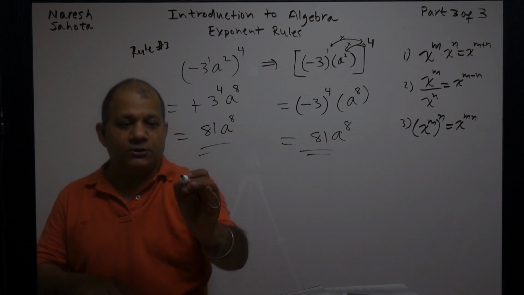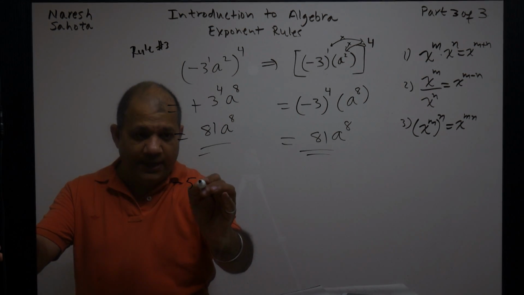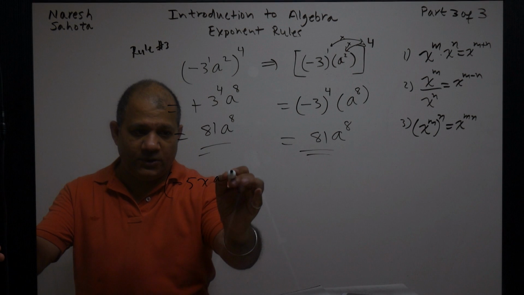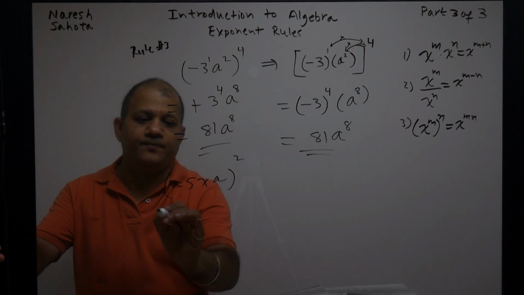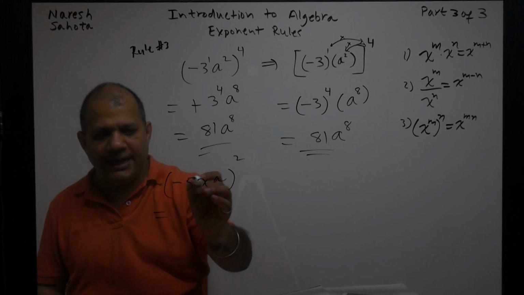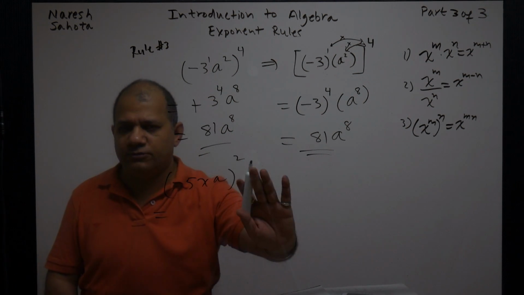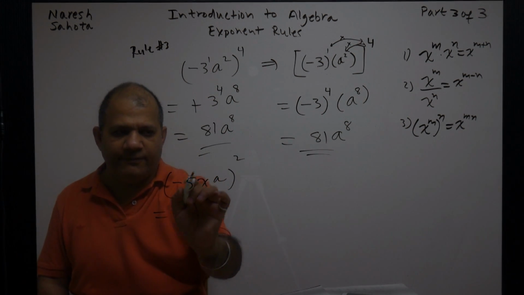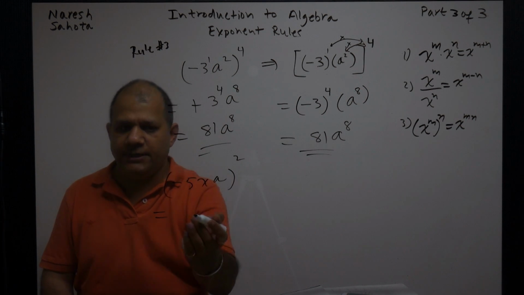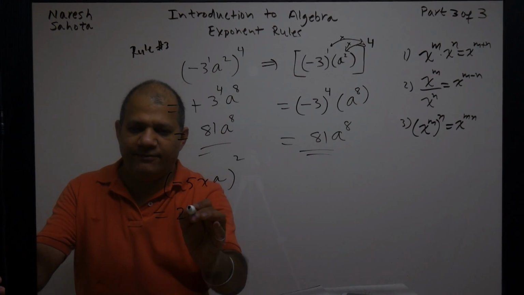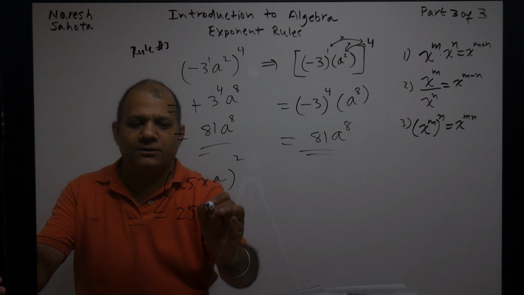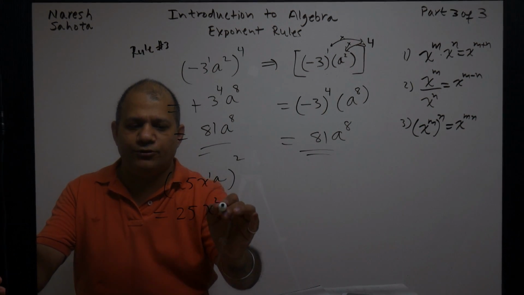Okay, so now let's look at -5xa raised to the exponent 2. So here, again, everything has an exponent of 1, 1, 1. So I'm going to do this really quickly. What's -5 squared? It'll be positive 25. X, 1 times 2 is 2.